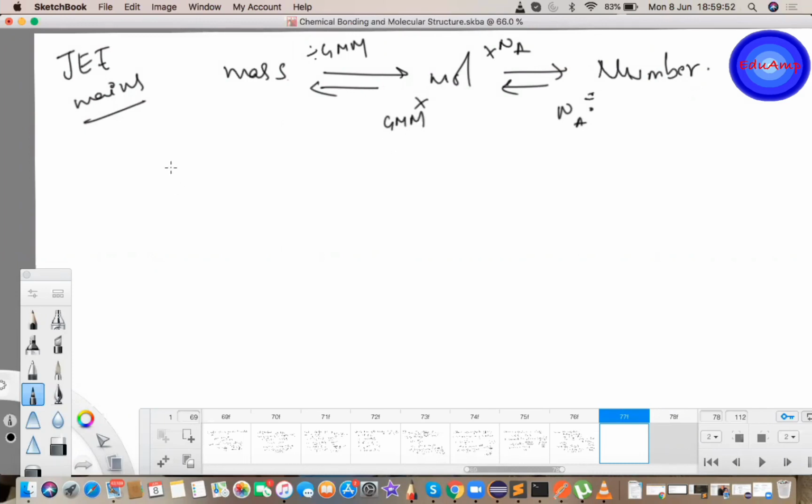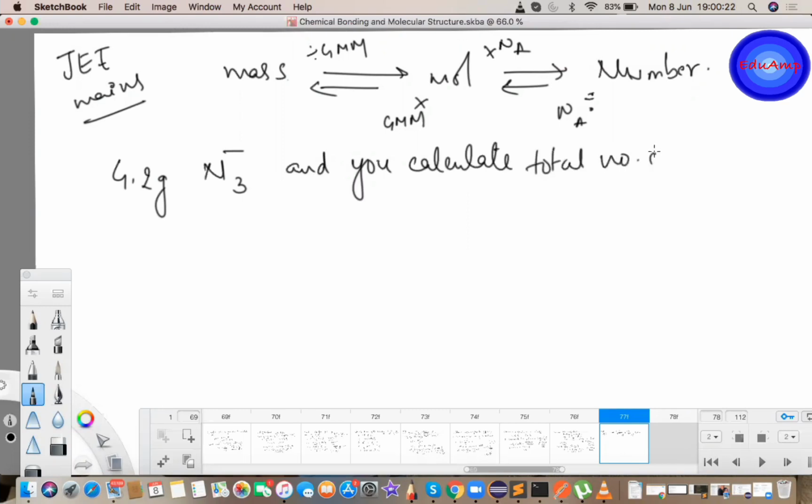Okay. Now, for example, you are given 4.2 gram of N3 minus, and you have to calculate total number of valence electrons.